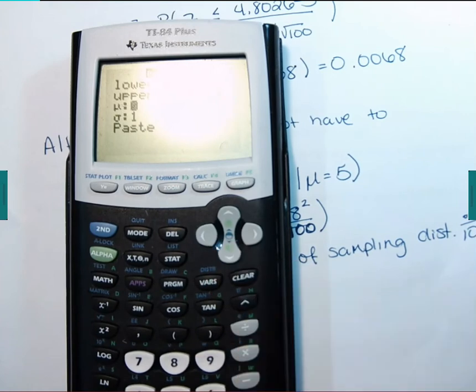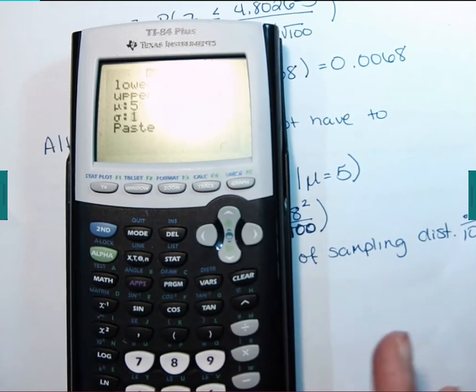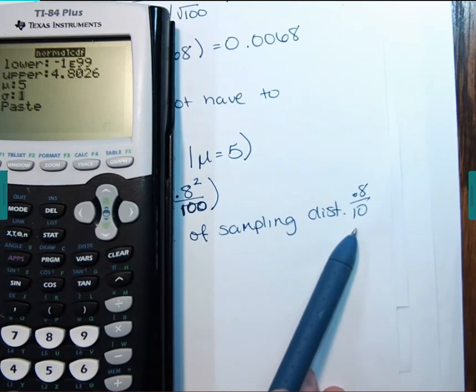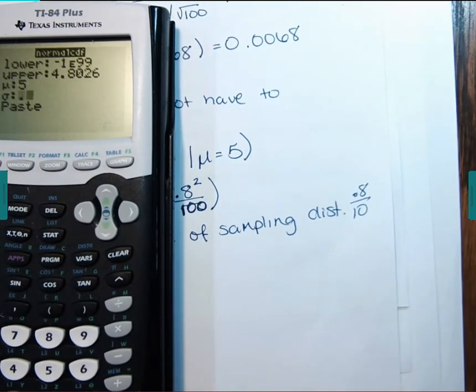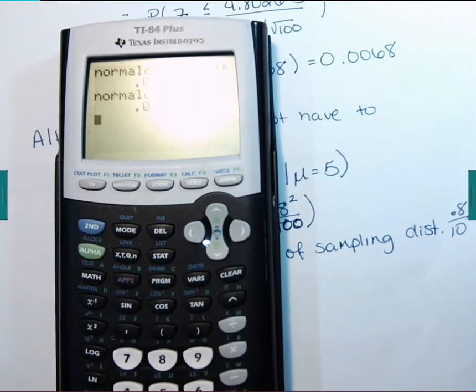Our mean for this normal distribution is 5, and our standard deviation is going to be this value here. So notice if we put that into our calculator, we get pretty much the exact same answer.